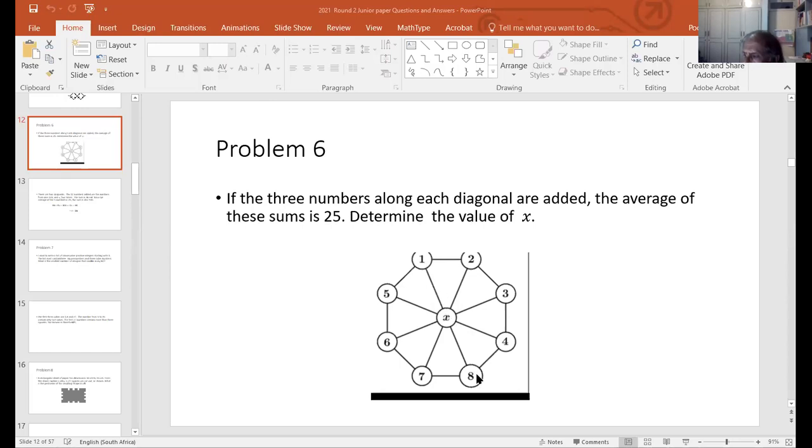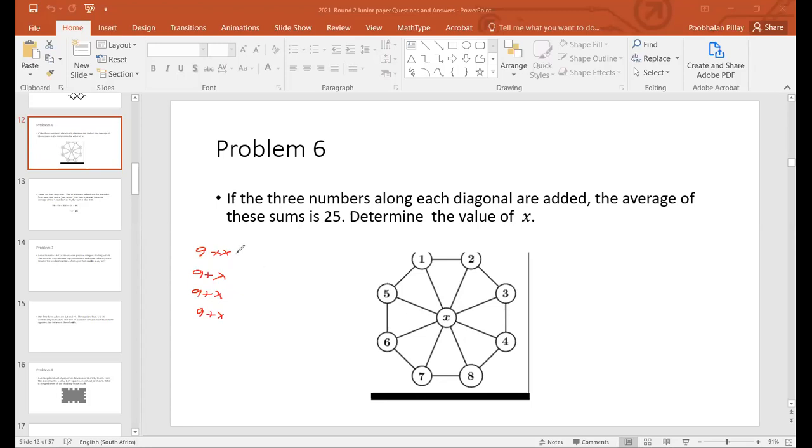And it goes down here, and when you add these three numbers, you get 9 plus x. That's the diagonal with 1 in it. The diagonal with 2 in it, that's also 9 plus x. The diagonal with 3 in it, they're making it very easy for us to count. Okay, so all these four diagonals have 9 plus x because the opposite numbers add up to 9.